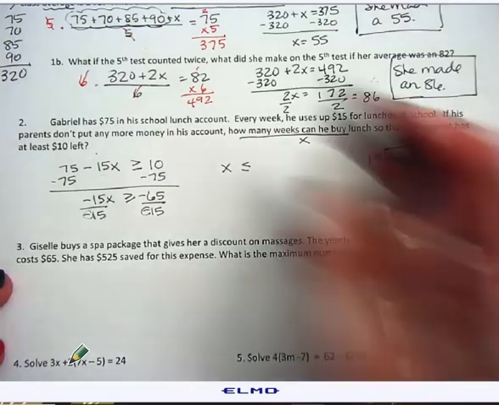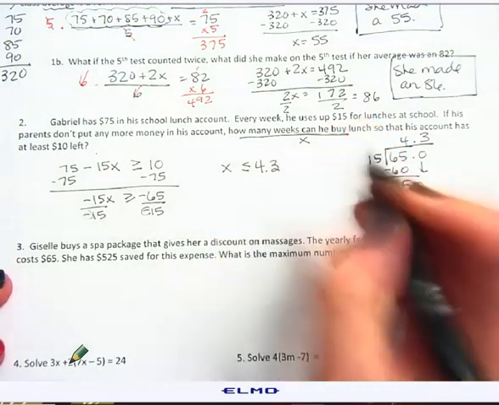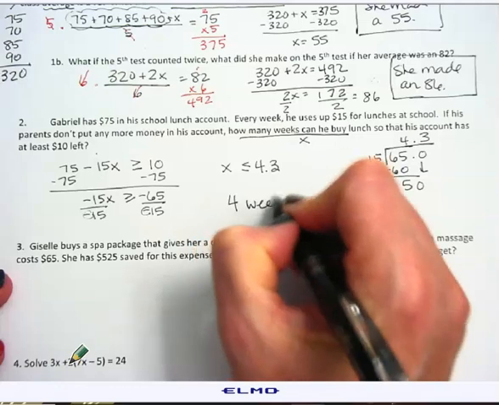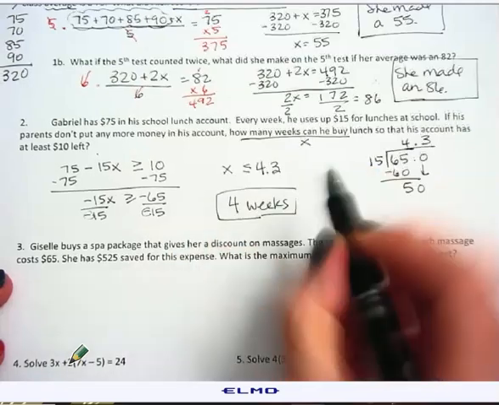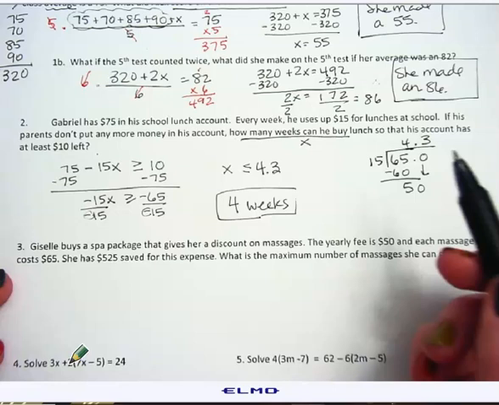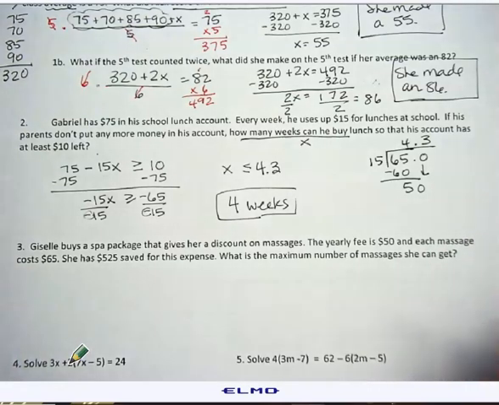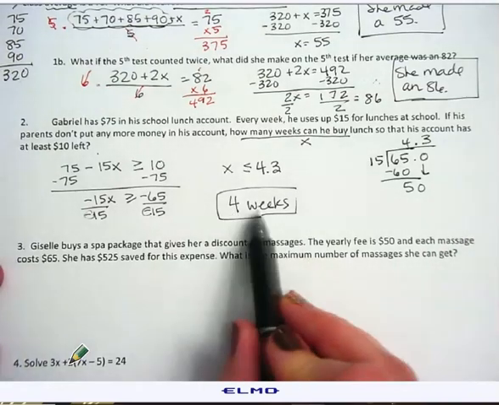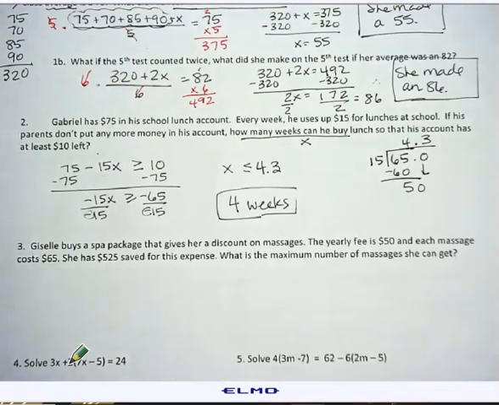So we are going to round that to say 4 weeks. Once he goes past 4.3, so once he gets to 5 weeks, his account will be less than 10. So we're going to say at 4 weeks, it'll still be bigger than 10.